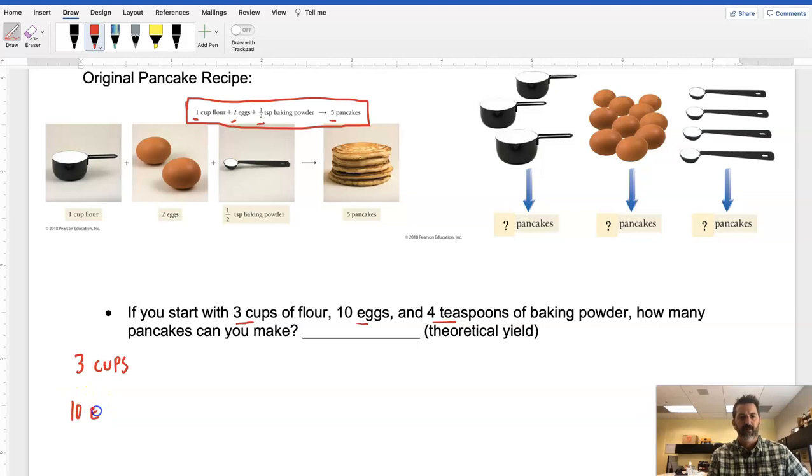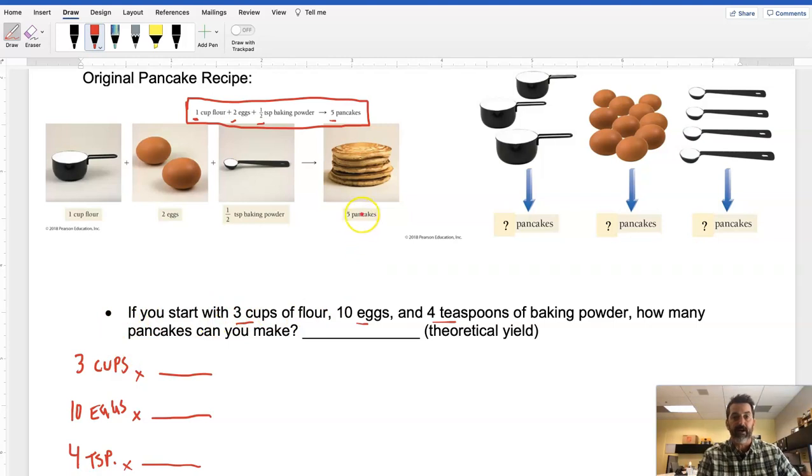So we're going to set this up like a dimensional analysis. We're given 3 different starting points, or 3 different reactants, so I'm going to have to do 3 different dimensional analysis problems. Again, what do I want to find? I want to figure out how many pancakes I can make.